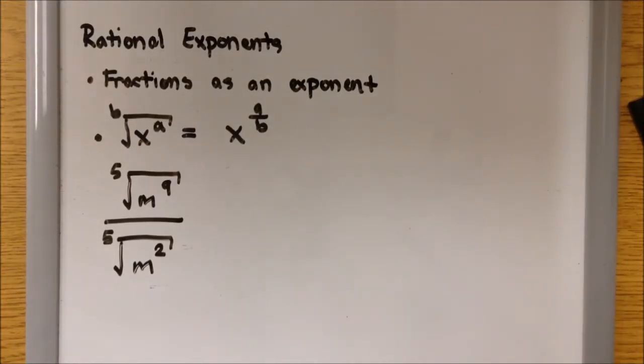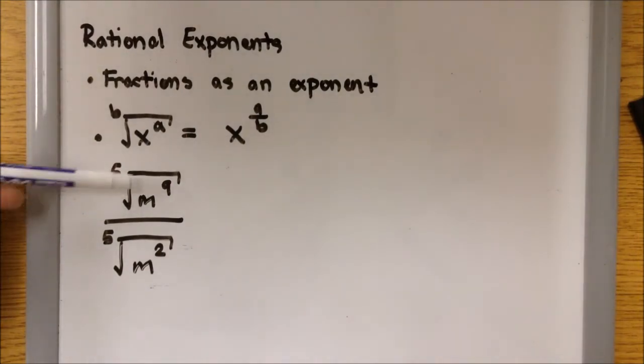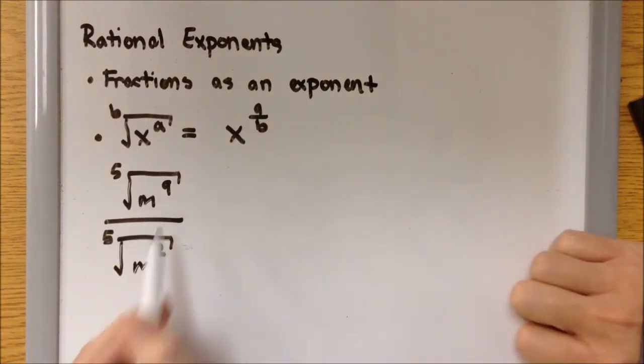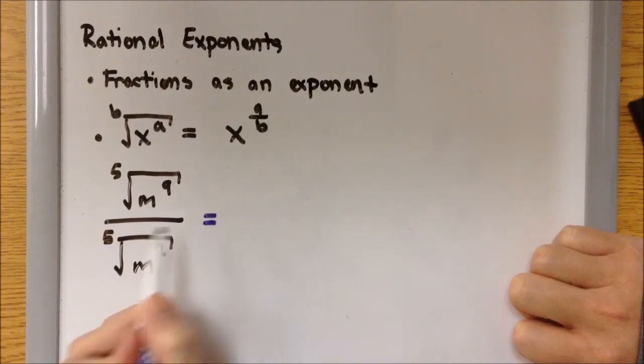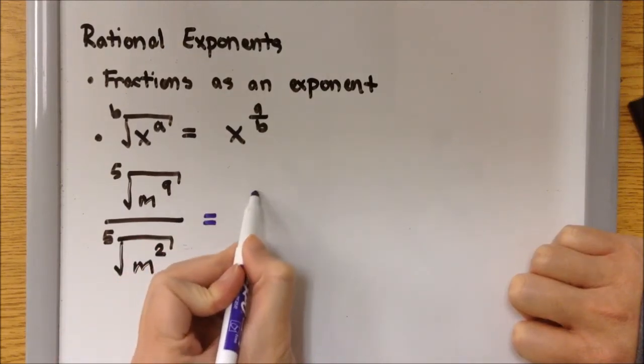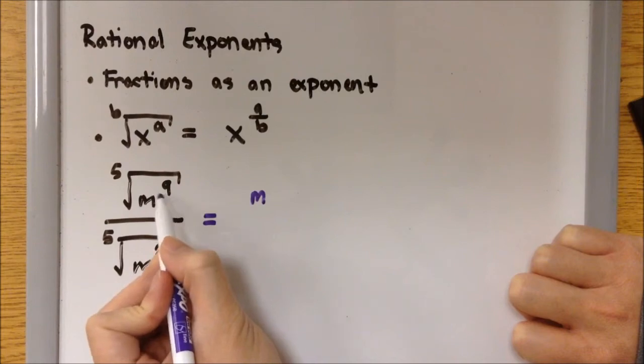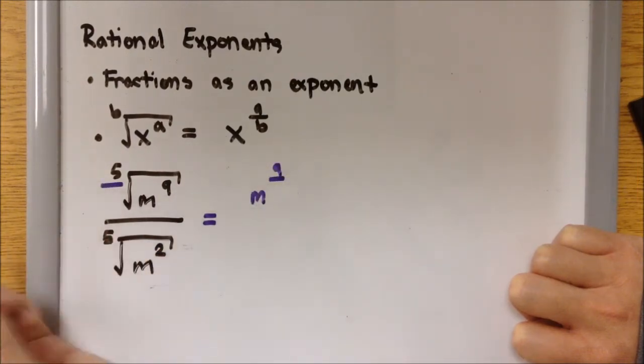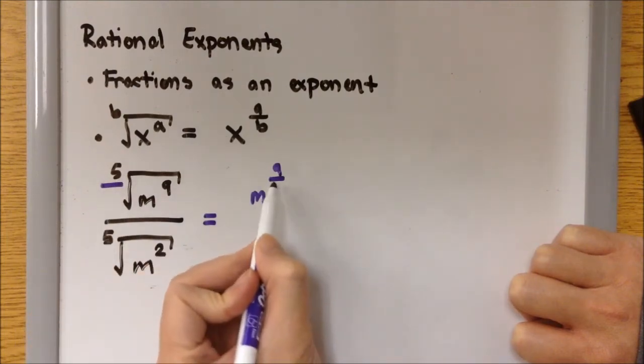Alright, in our next example, we have the 5th root of m to the 9th power over the 5th root of m squared. So what we're going to do is rewrite the top and the bottom as rational exponents. So it's m. The inside exponent will be the numerator, so it's on the top, over the number that's outside the root, which is the 5.